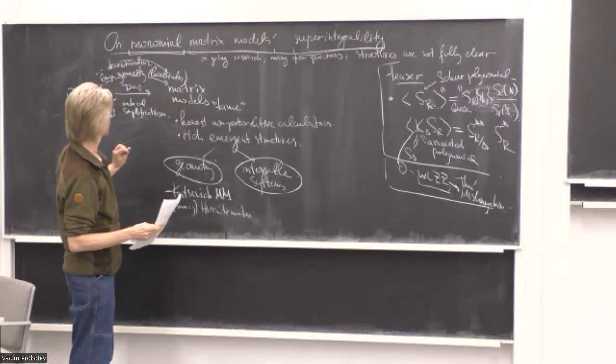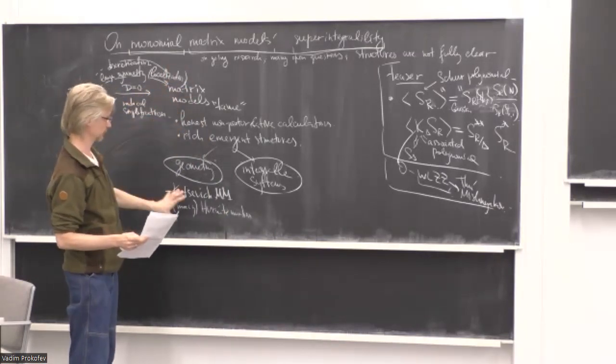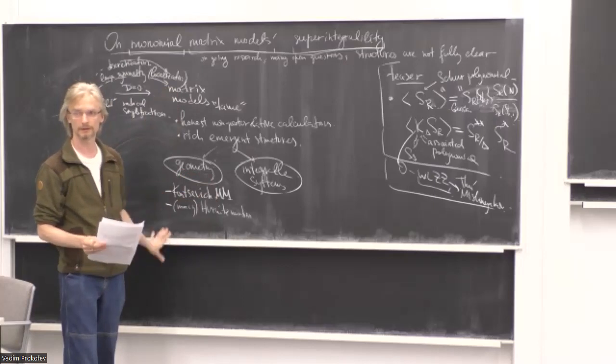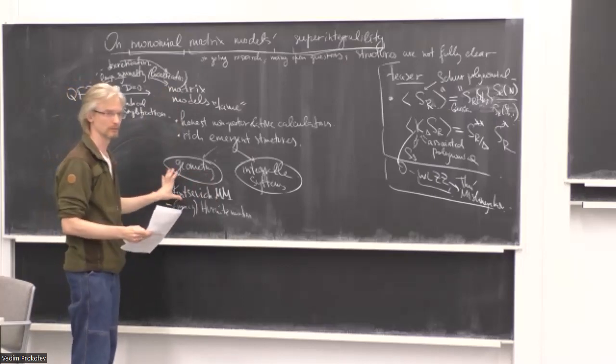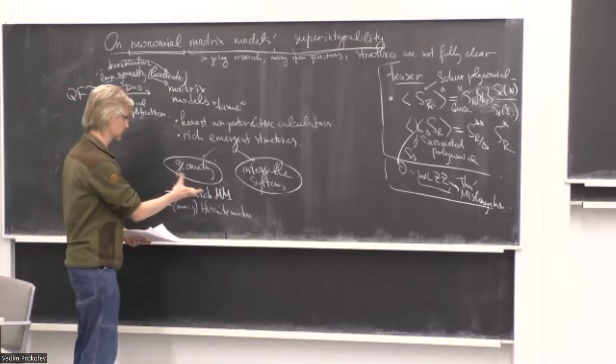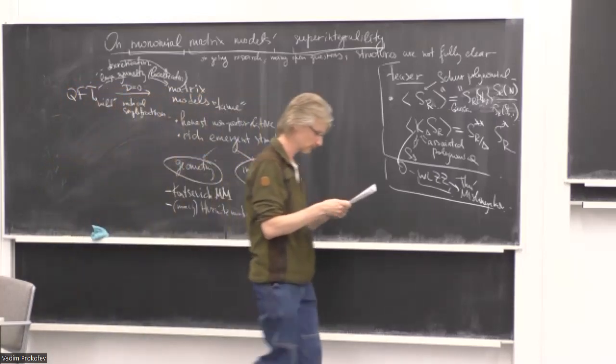So this was the motivation to study matrix models, that somehow they, in disguise, turn out to be related to some mathematical concepts from enumerative geometry and geometry of other spaces.